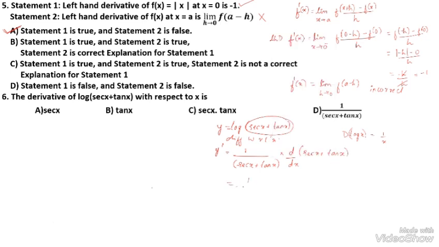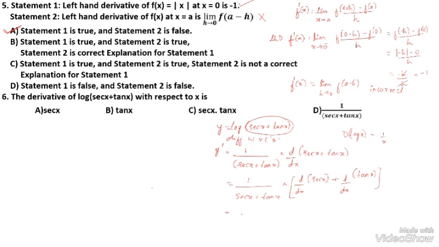Again, I can differentiate: 1 divided by sec x plus tan x, into, here there is a plus, so I can differentiate separately, d by dx of sec x plus d by dx of tan x.